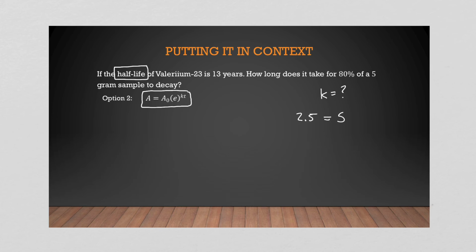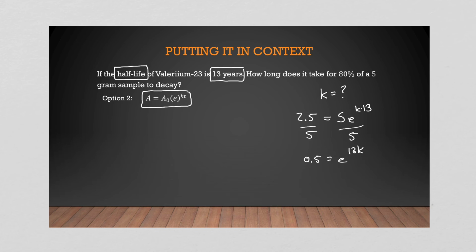So now I have 2.5 equals 5, and then e times k to the 13, or times 13, because 13 is the time it takes for me to lose half. So now I got to solve this for k. So divide both sides by 5, and you get 1/2, or 0.5, equals e to the power of 13k.